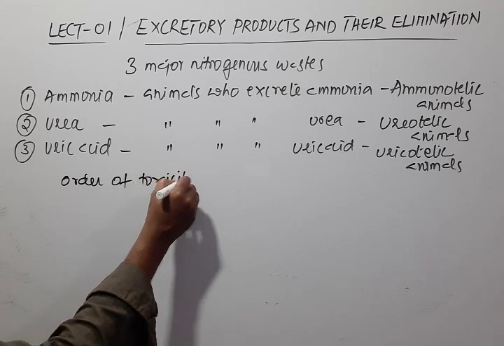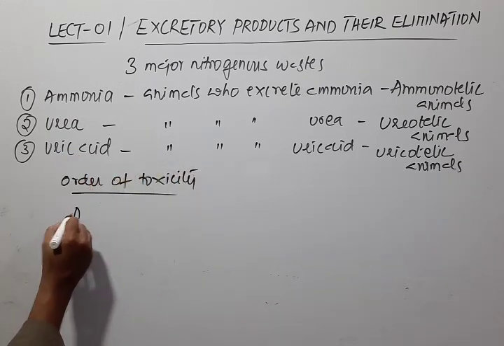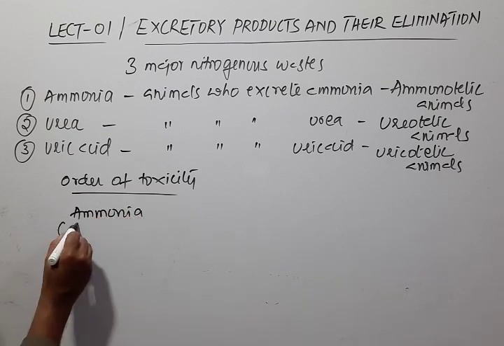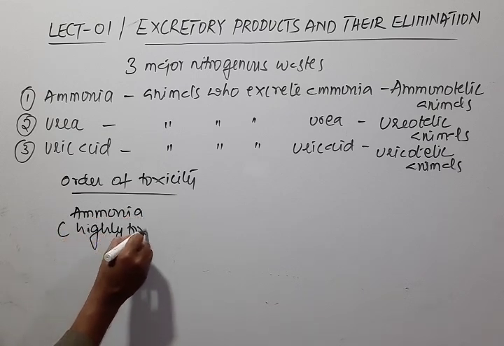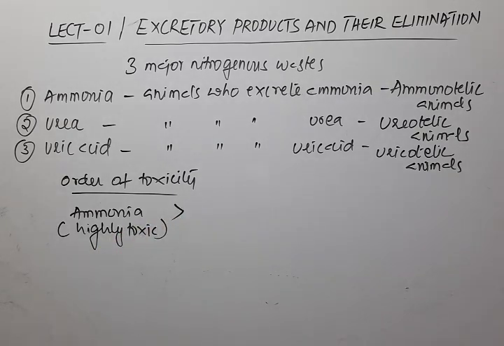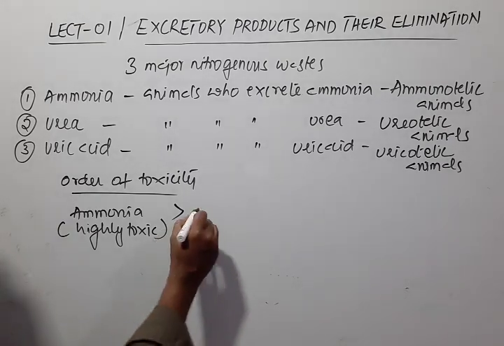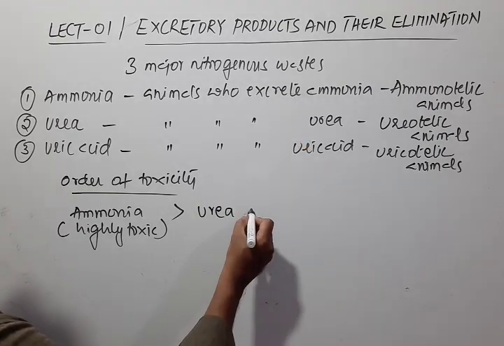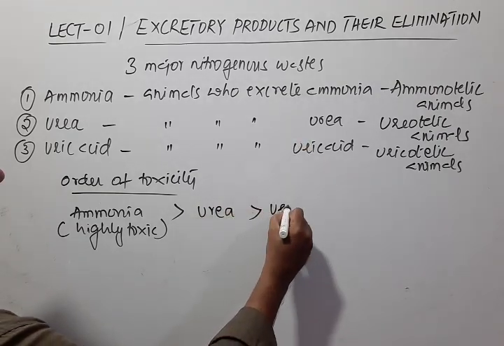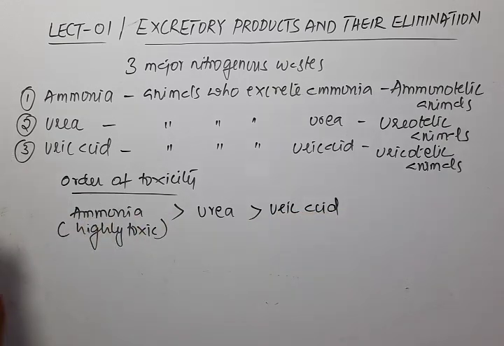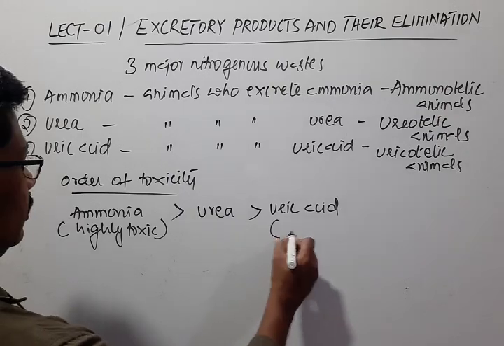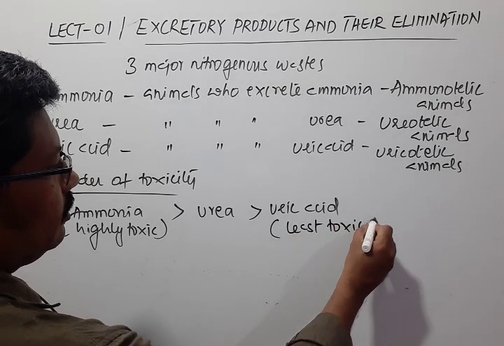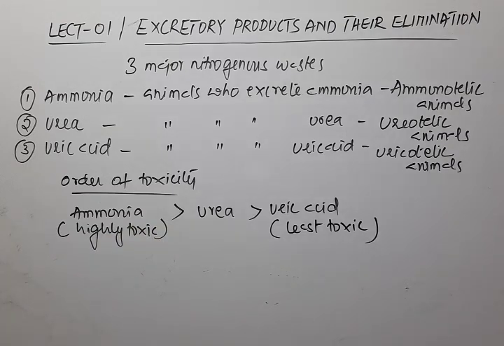Ammonia is highly toxic, and this is much more toxic when compared with urea, and urea is toxic when compared with uric acid. So out of these three nitrogenous wastes, the least toxic nitrogenous waste is uric acid. So this is the order of toxicity.